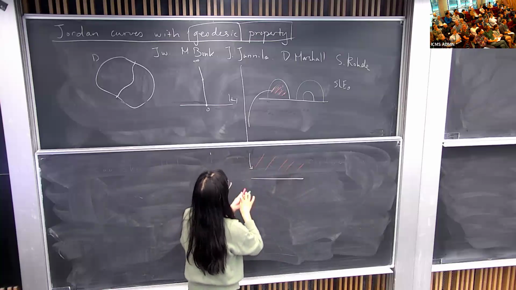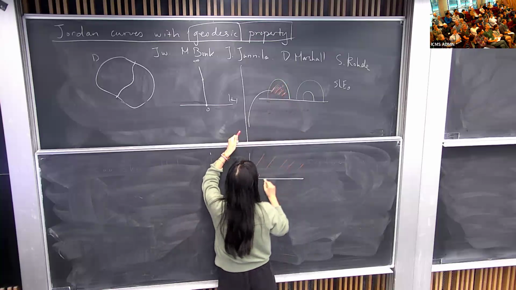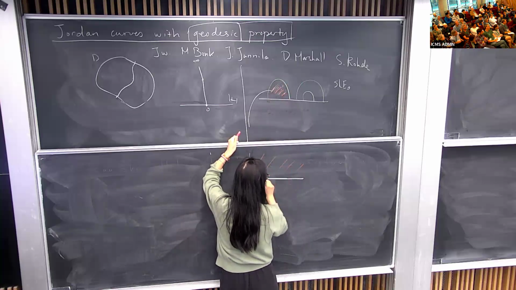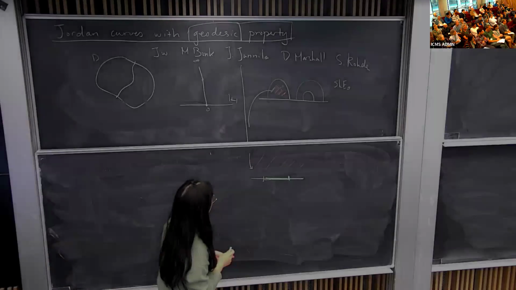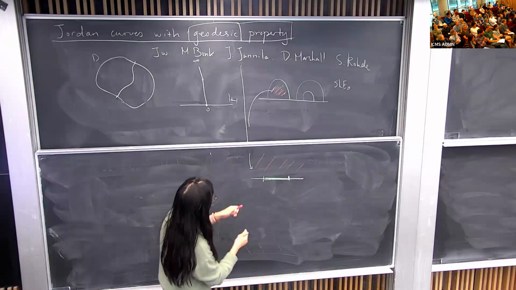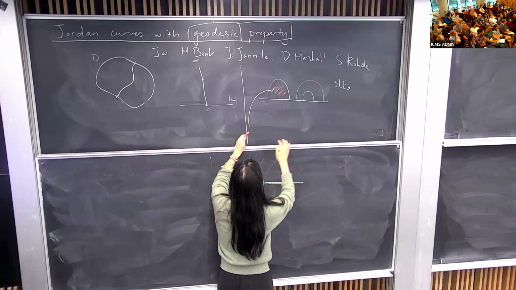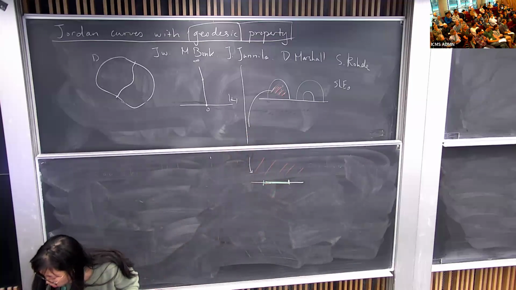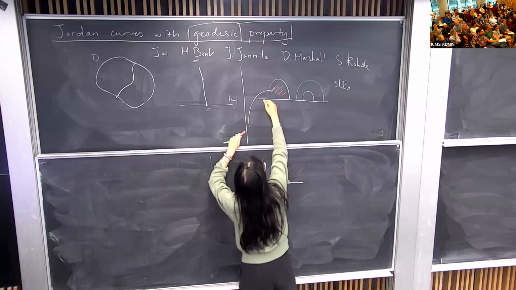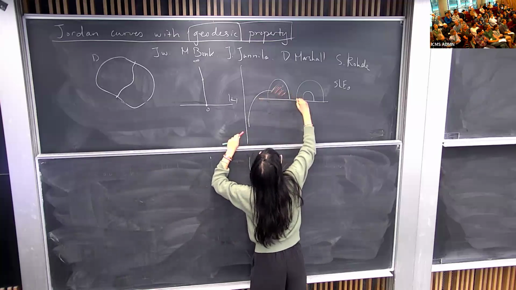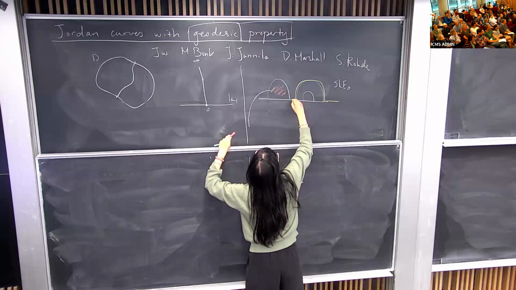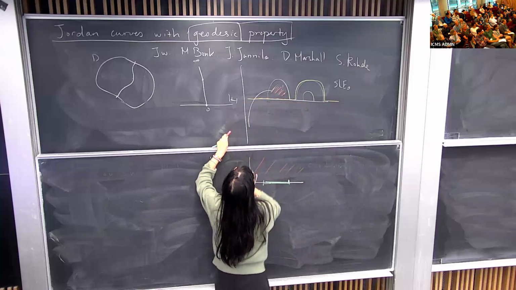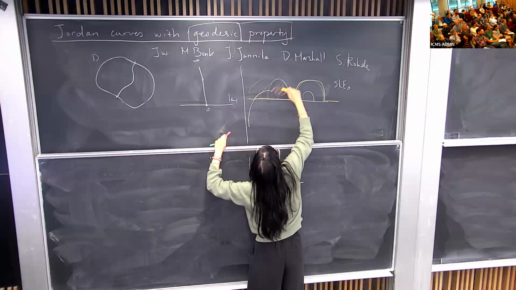And now the green curve is maybe somewhere here. Now I consider a new map, taking the union of the two faces, whose boundary is here.